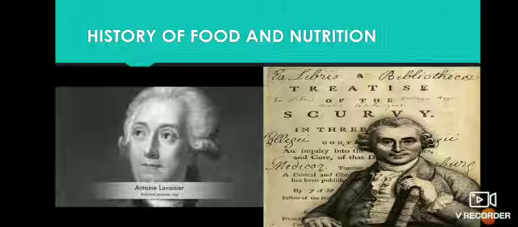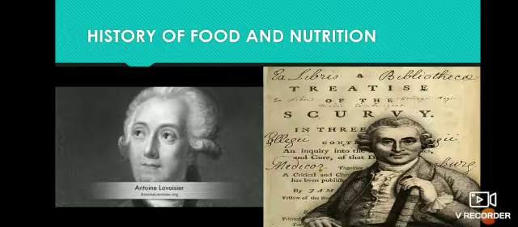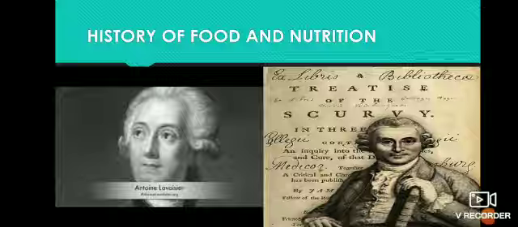In the year 1752, James Lind discovered scurvy, which could be cured or prevented by eating fresh fruits and vegetables. In 19th century itself, it was known that the body obtains three substances, namely proteins, fats, and carbohydrates from the food.